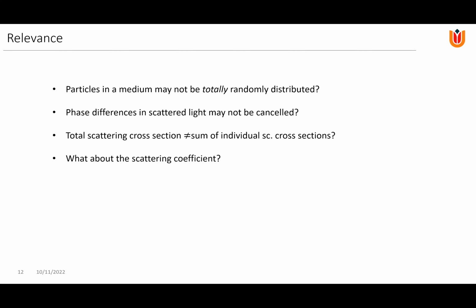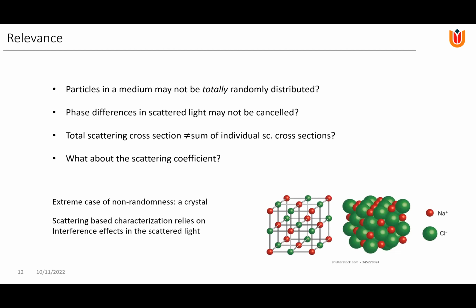So we can have a certain structure in phase differences of the light that hits the detector, which means that we can have interferences, either constructive or destructive. That will in the end enter into the scattering coefficient, as we will see.